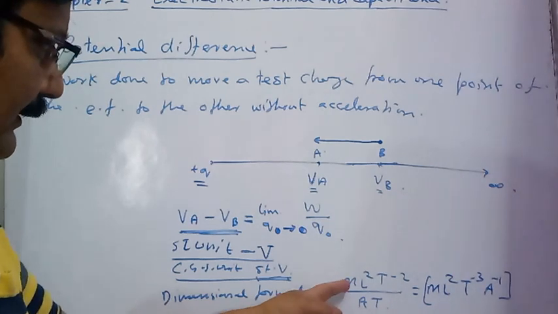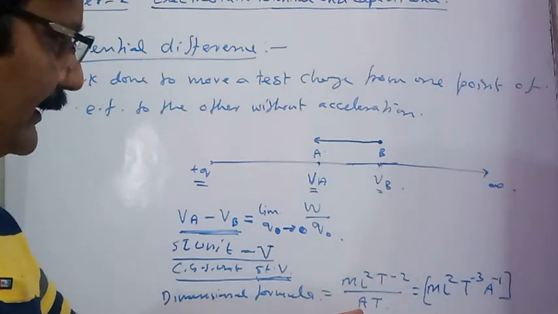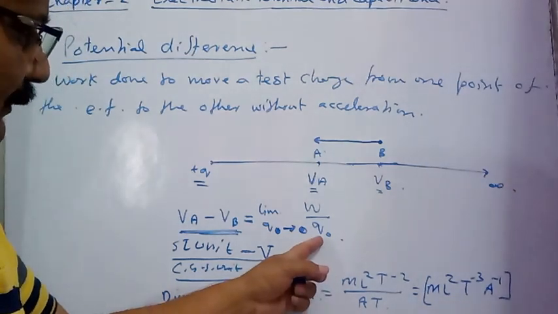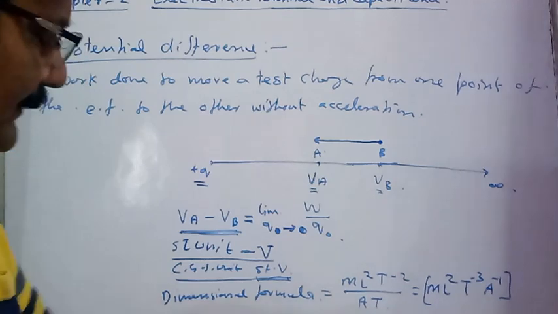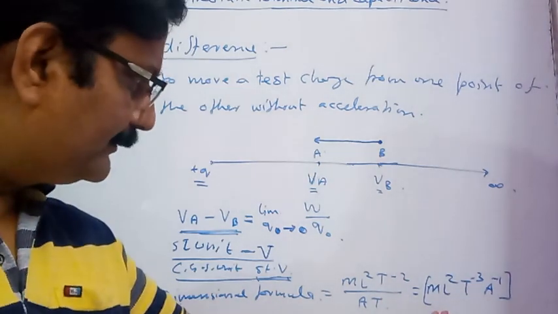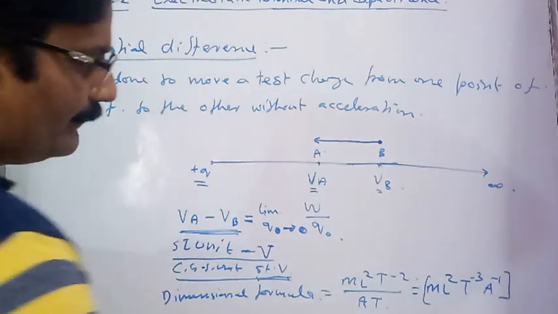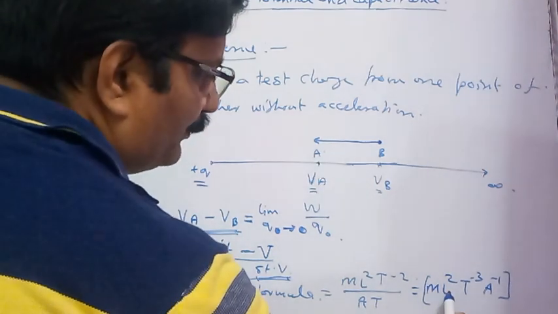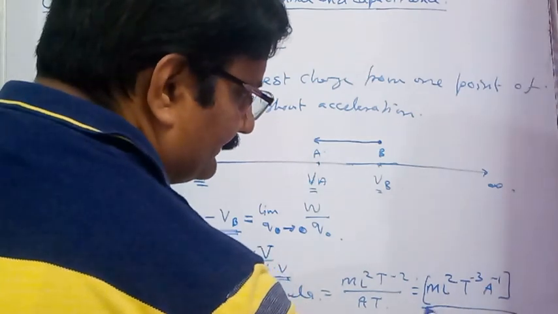Dimensional formula of the work, M L to power 2 T to power minus 2, divided by dimensional formula of Q naught, that is current multiplied by time, and dimensional formula of the electrostatic potential or potential difference can be written M L to power 2 T to power minus 3 A inverse.